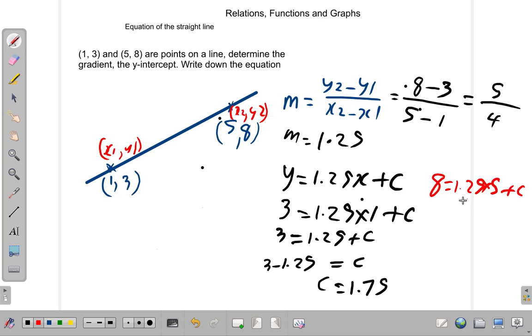Now, 8 is equal to 1.25 multiplied by 5.